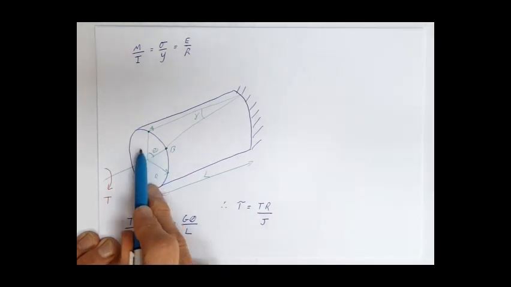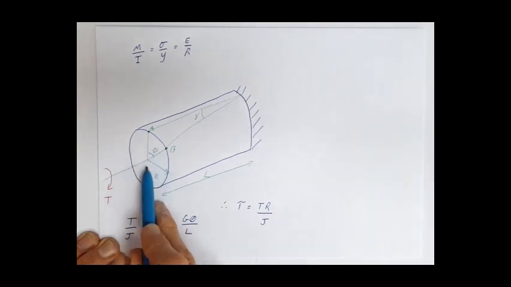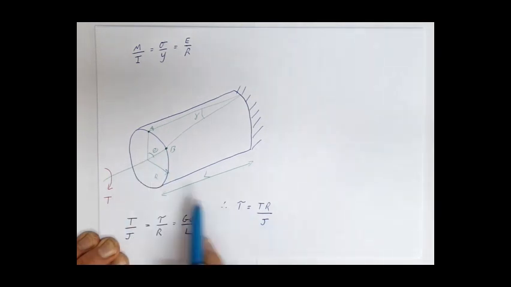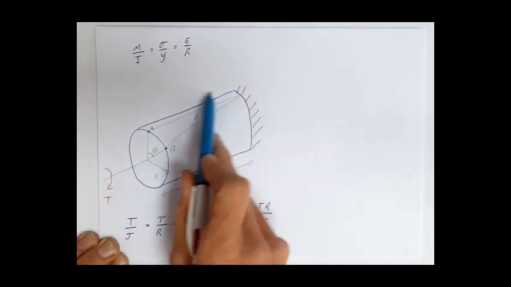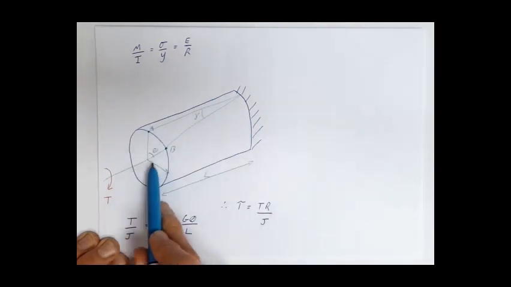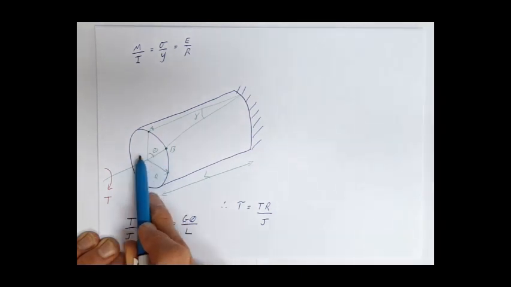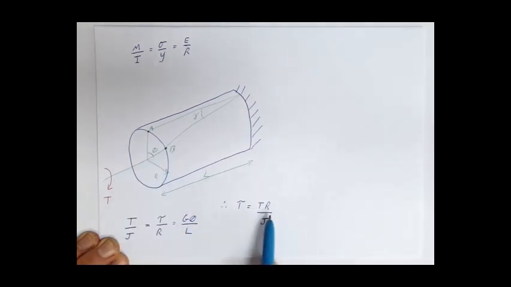So the bit in the middle is not really doing a lot. Actually, it's much more efficient when you're putting a shaft into torsion, in terms of its stiffness to weight ratio, to have a hollow shaft, because the material in the middle, where radius is very small, is not very stressed.